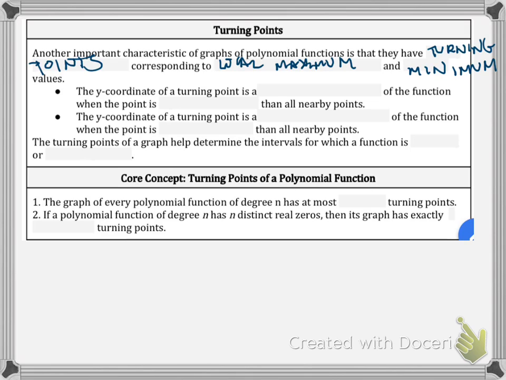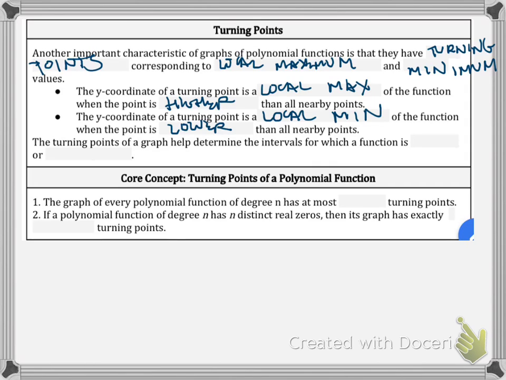The y-coordinate of a turning point is a local max, or maximum, of the function when the point is higher than all the other nearby points. The y-coordinate of a turning point is a local minimum, local min, of the function when the point is lower than all nearby points.